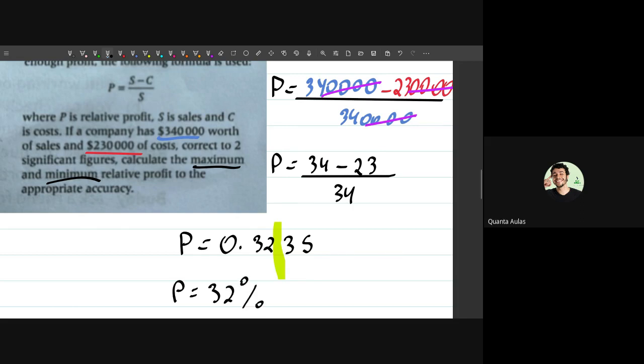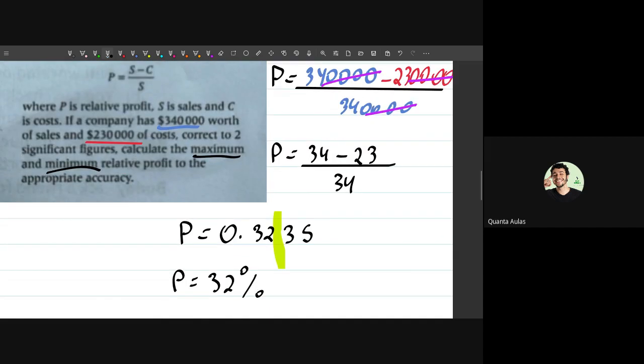32%. Okay, but calculate the maximum and the minimum relative profit. This is strange to me because it asks for two values, but I have one value, only 32. I think maybe it's upper and lower bound.